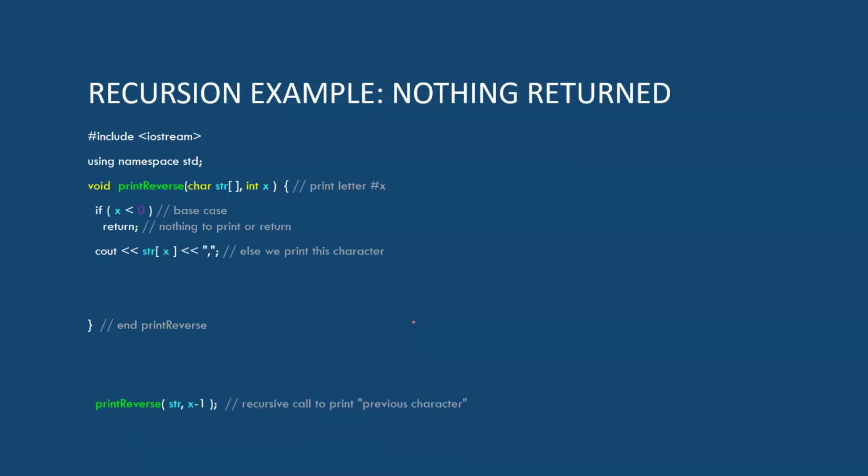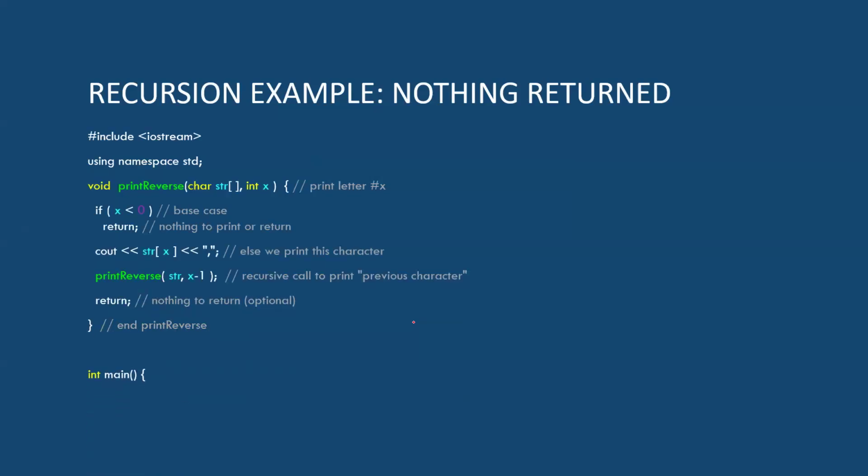Now, sometimes recursion doesn't return anything. So here's us calling ourselves to print what's at the last position, position X in this string, and then changing what the last position is to be more to the left, closer to the beginning by 1 every time. So this is one way to print things in reverse.